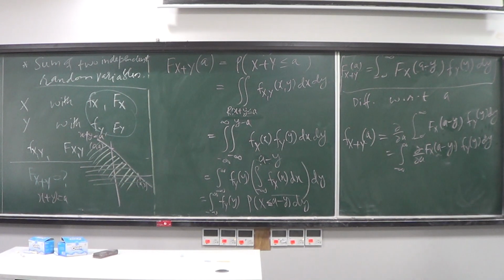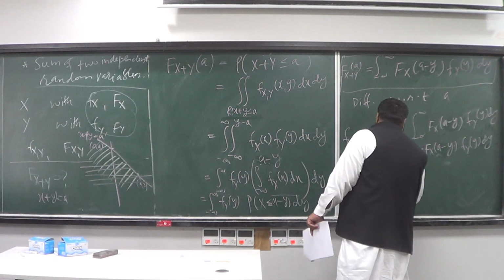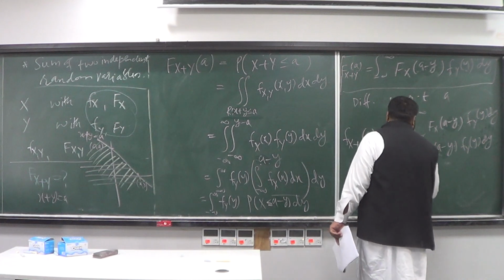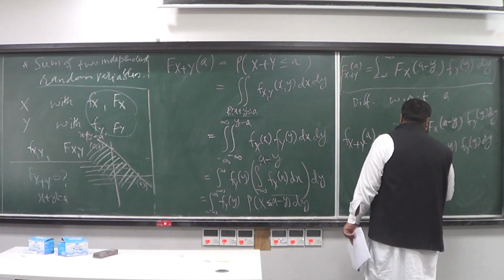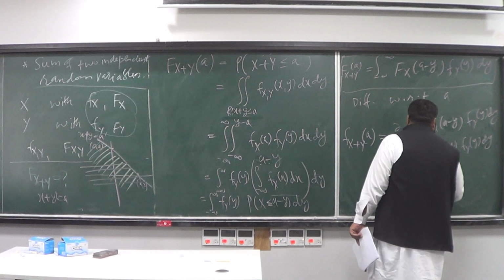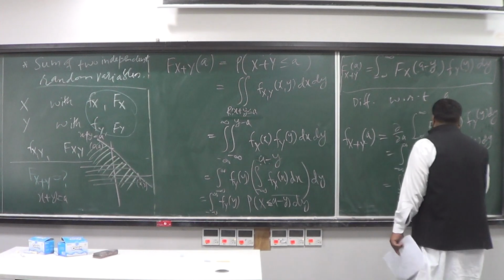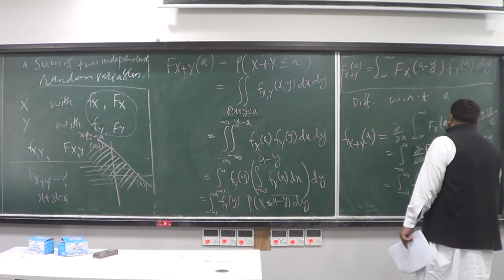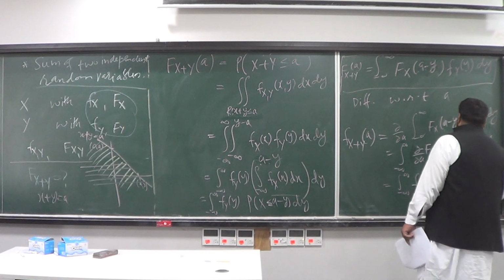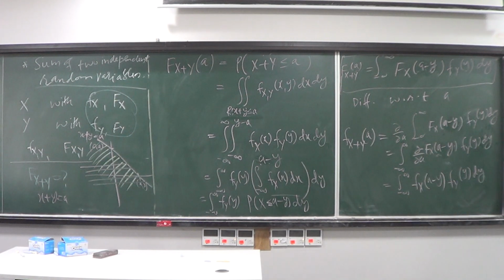And what would be the derivative of Fx at a minus y? You can apply the chain rule and compute that this is going to be fx at a minus y times fy of y with respect to dy.